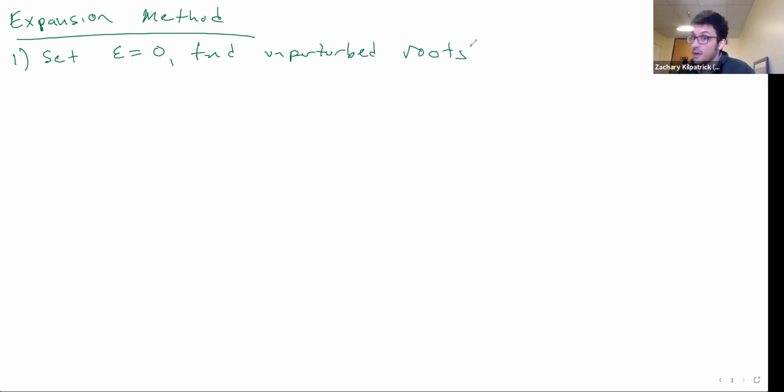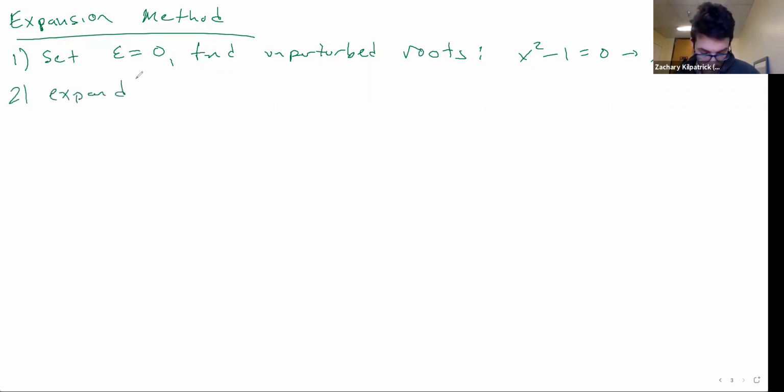What are the unperturbed roots of our equation? Well, it's just going to be x squared minus 1. So that means x is equal to plus or minus 1 are our unperturbed roots. Unperturbed just means epsilon is 0. You don't include the perturbation, which is your small parameter.